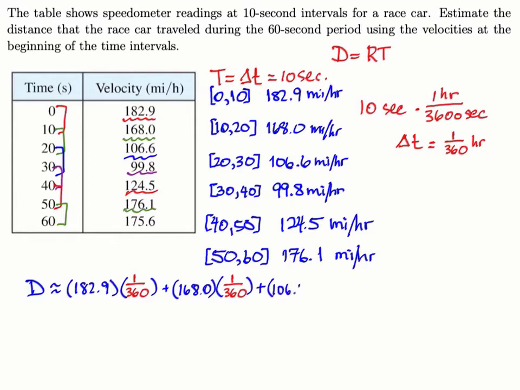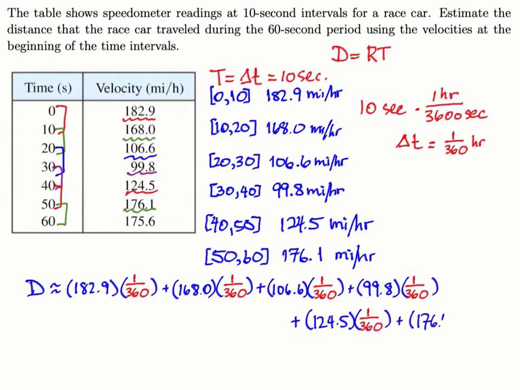The third distance would be 106.6 times 10 seconds. And then 99.8 times 10 seconds, but instead of 10 seconds, of course, I'm using hours, 1 over 360. The fifth time interval is 124.5 times 1 over 360. And then the last time interval, the distance was 176.1 times 1 over 360.